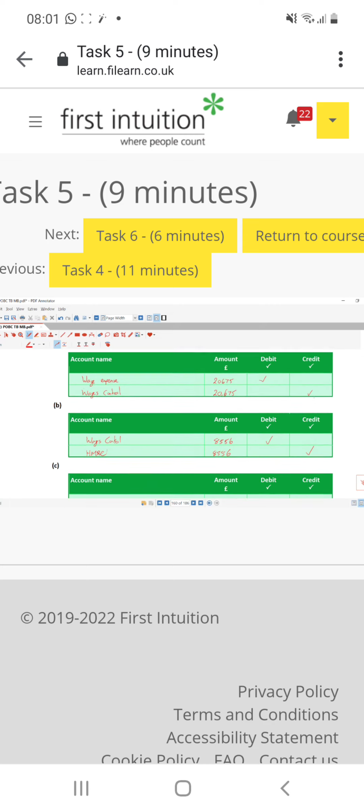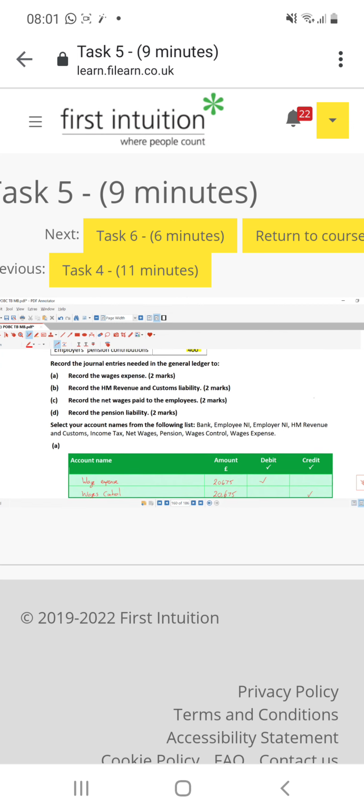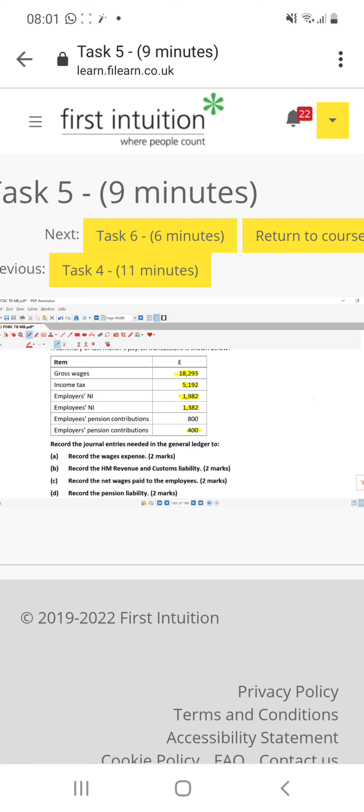For part C, they have said record the net wages to be paid to the employee. Now, with this one, we will start with the gross wages, but we must think what deductions the employee themselves is making in order to come to their net wages.